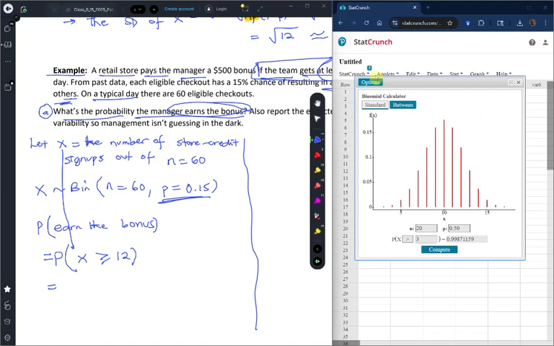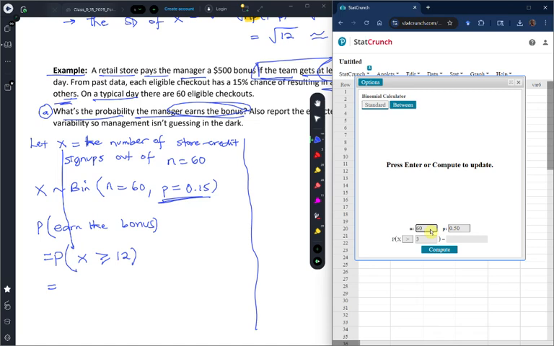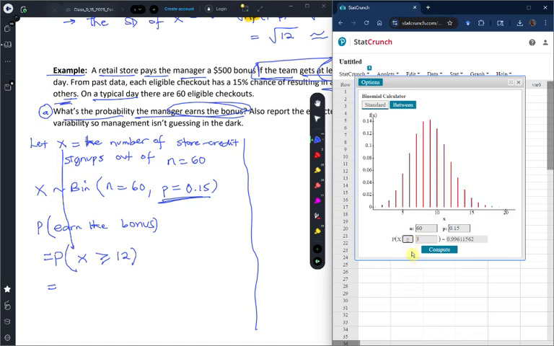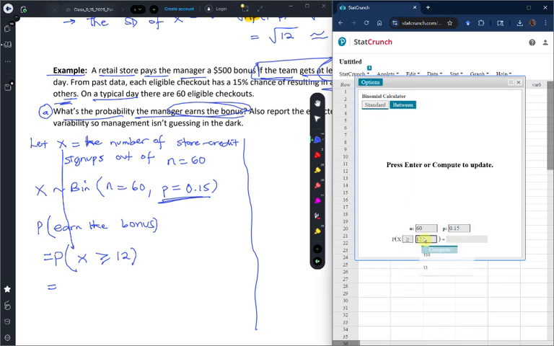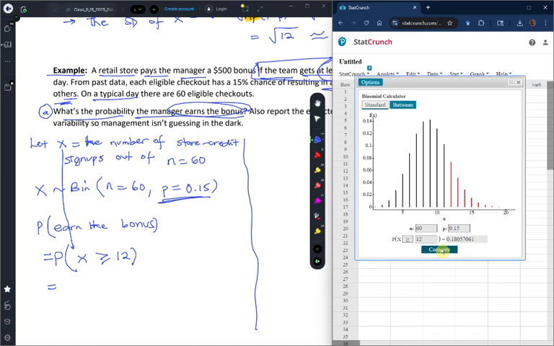And I want to go to the binomial distribution. So I'm going to key in the parameters of this distribution. You have 60, and then you have 0.15, and we want the probability of greater than or equal to 12. Compute.